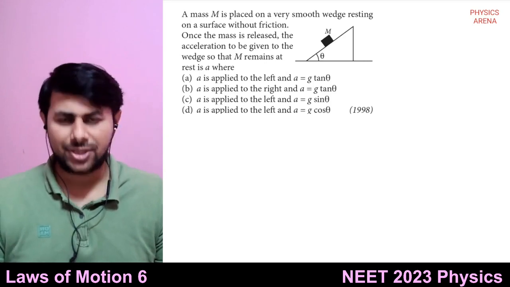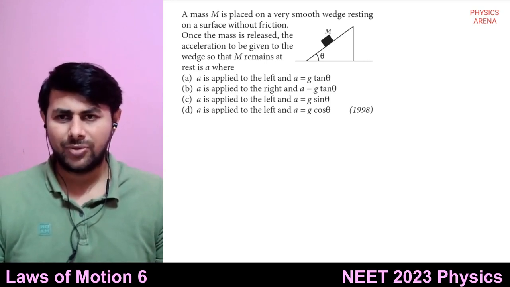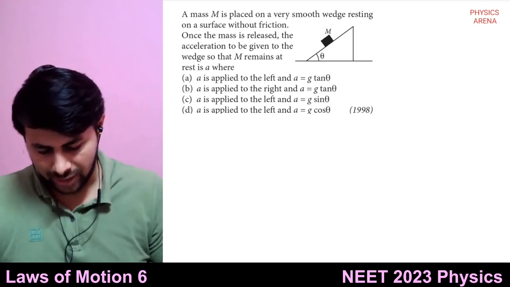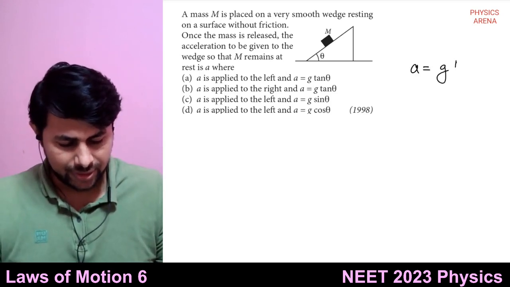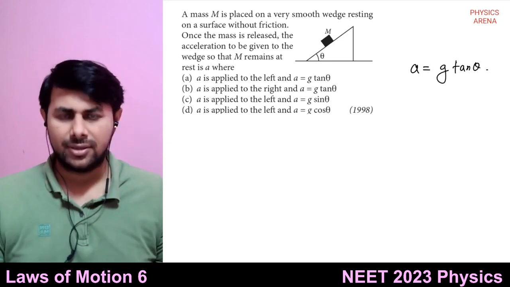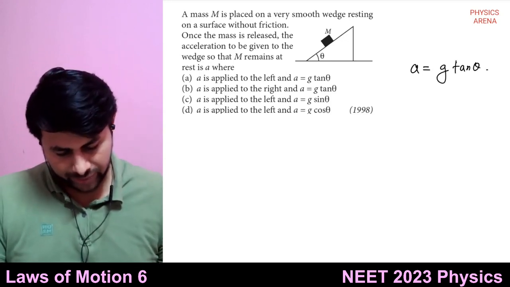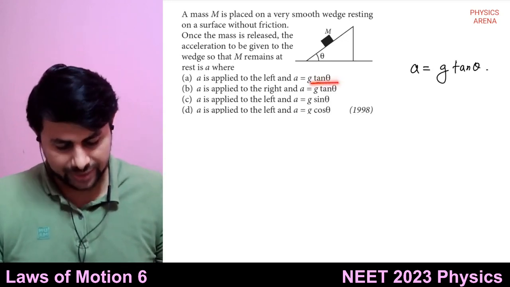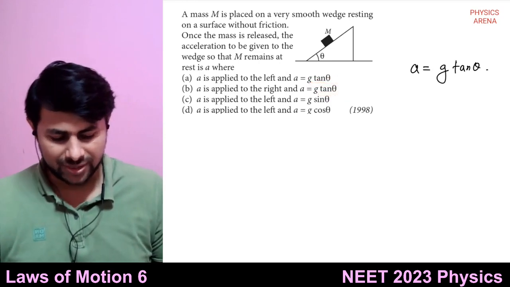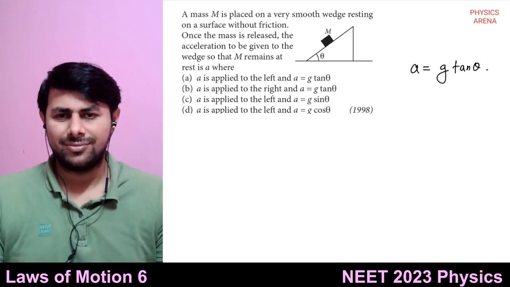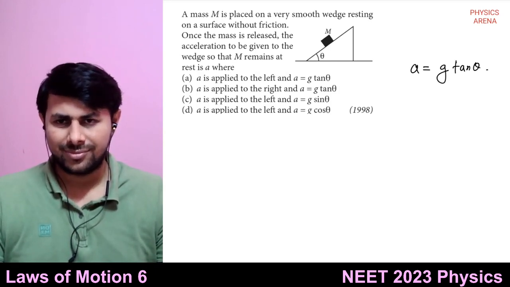So how much acceleration should be given? So we had solved this. A is equal to g tan theta, right? So which option is correct? G tan theta is here, here also. So should it be applied towards left or towards right? Right or left?